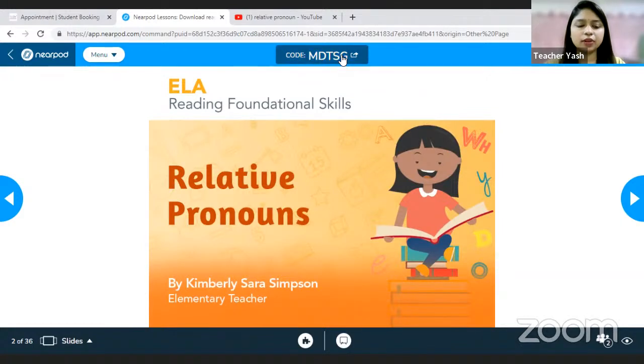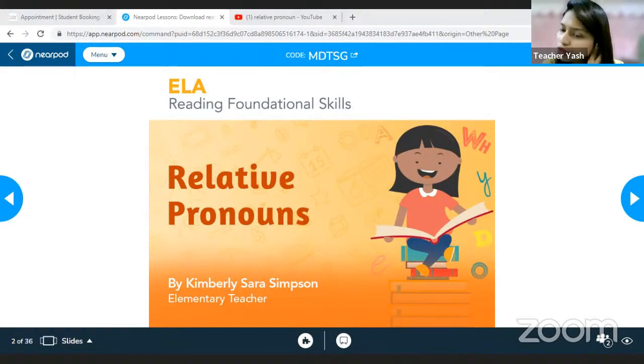Relative pronouns are actually who, where, what, which, that, whom, whose. All these are relative pronouns.